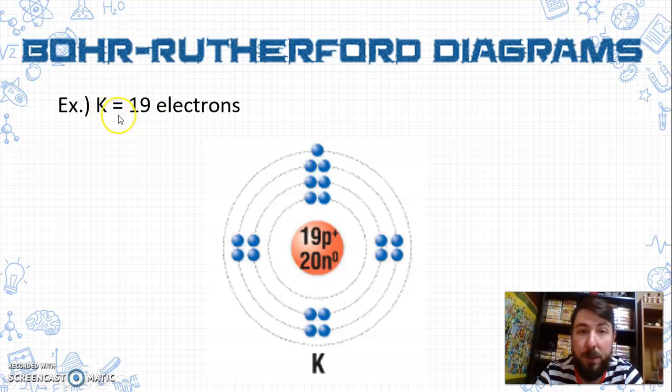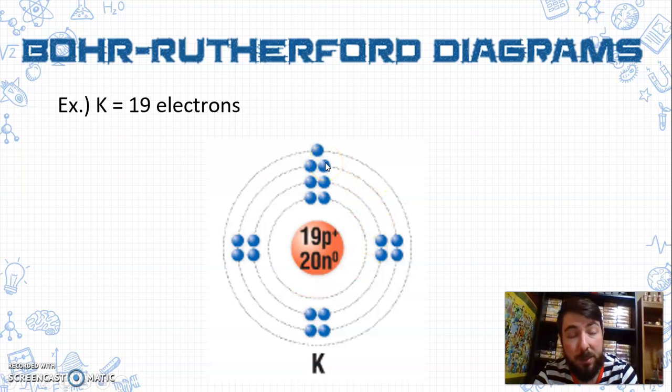Again, because potassium's atomic number is 19, that means it also has 19 electrons. So we have our first orbit here with 2 electrons. We put a second orbit. We can put a maximum of 8 electrons there. So we've used up 10 so far, 2 plus 8. Now we need 19 in total, so we need to put a third shell.